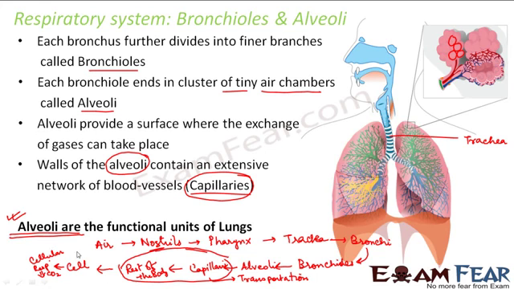The cells will release that carbon dioxide into the blood vessels. These capillaries will again bring it back to the alveoli. From the alveoli it will come to the bronchioles, bronchi, and then through the same pathway carbon dioxide will be given out. So now you understand how oxygen is taken in and how carbon dioxide is given out.